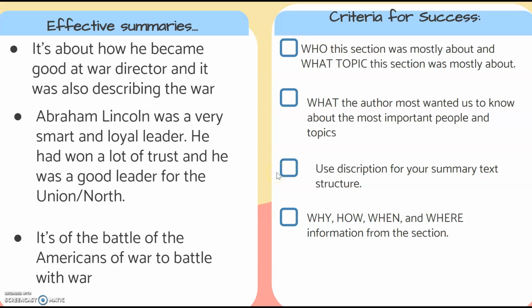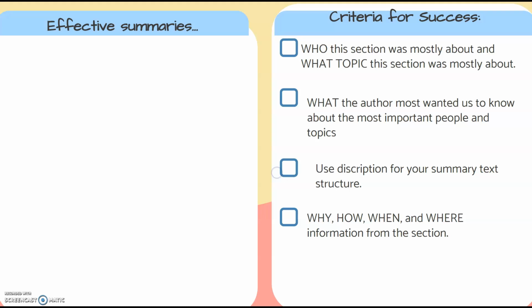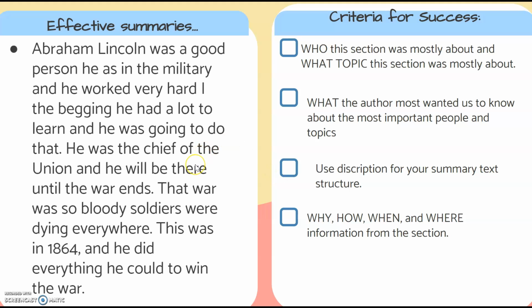Now let's take a look at a student's work that did really well. This student says, Abraham Lincoln was a good person. He was in the military and he worked very hard. At the beginning, he had a lot to do and learn, and he was going to do that. He was the chief of the Union, and he will be there until the war ends.